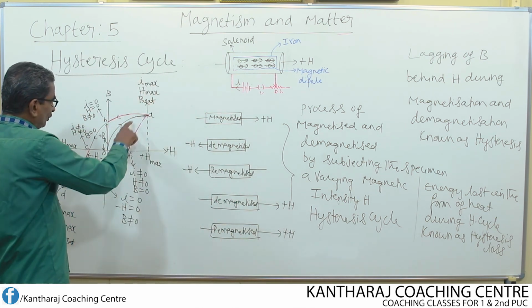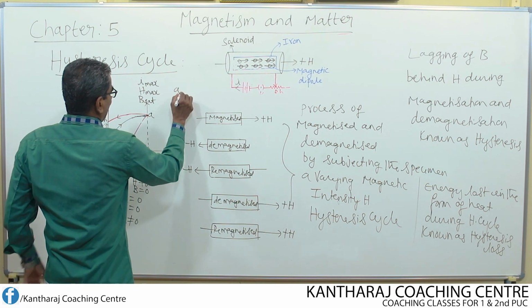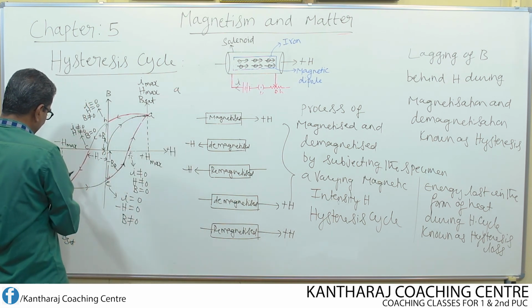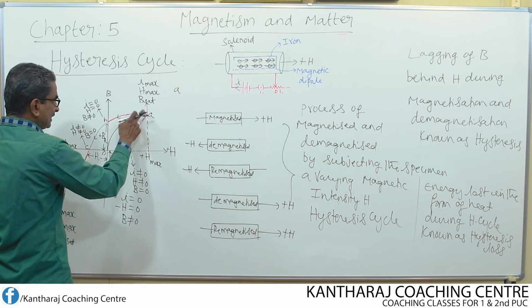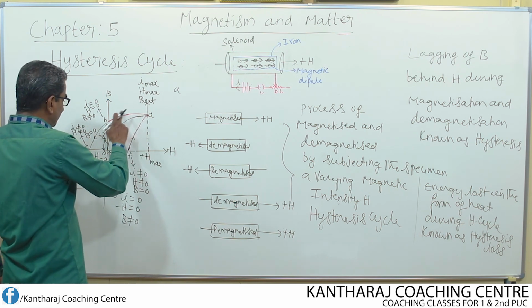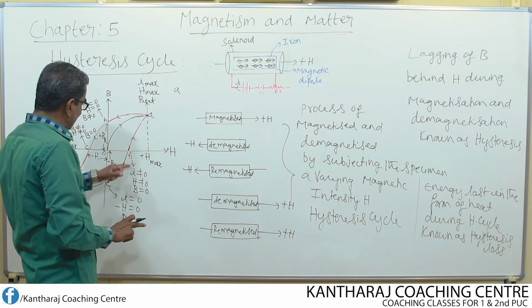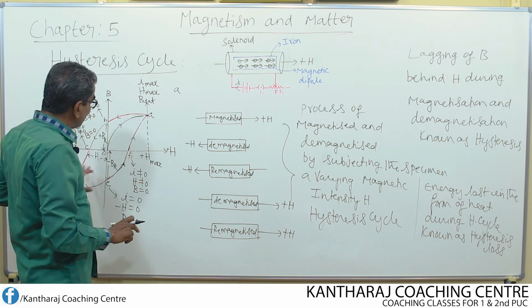Then what is meant by hysteresis loop? A closed loop. What is that closed loop? A, B, C, D, E, F, A. Start from A and come back to A. So there is no break in the path of this loop.